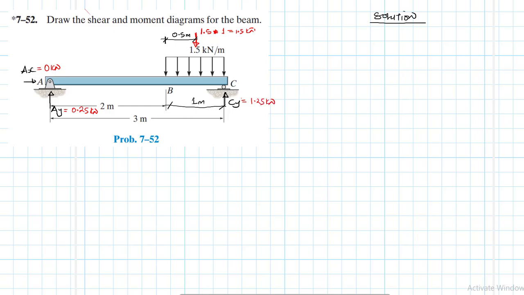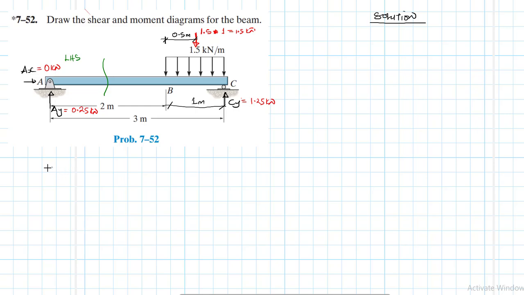Alright, so let's do our first section. We're going to use the left hand side section.